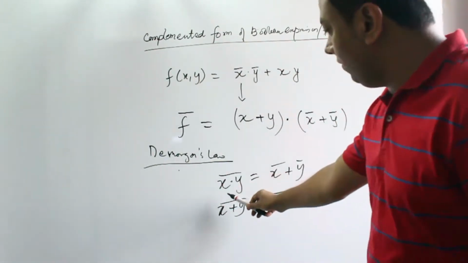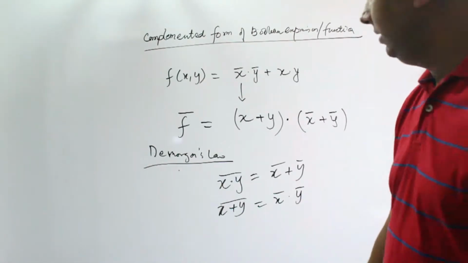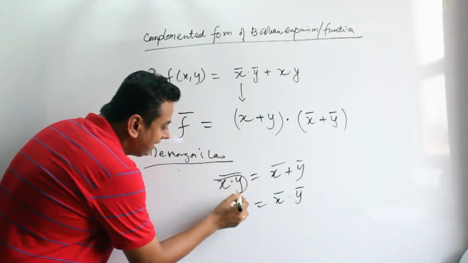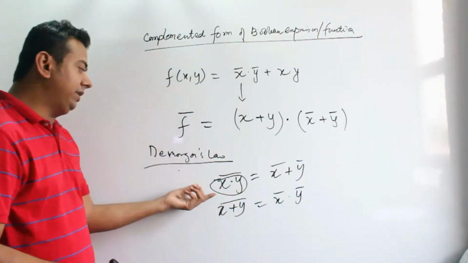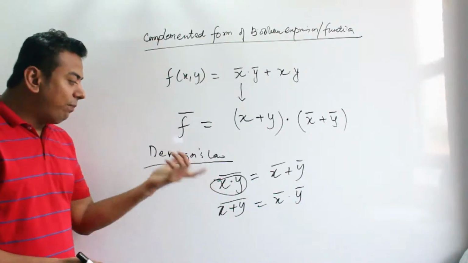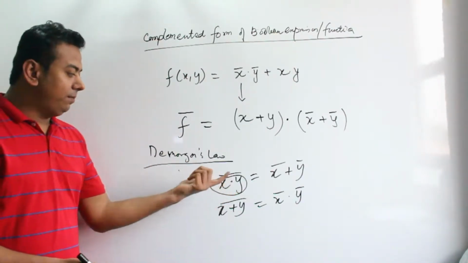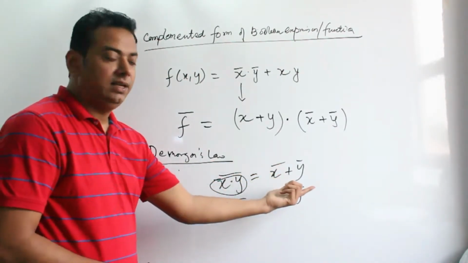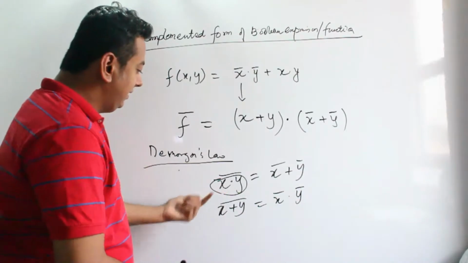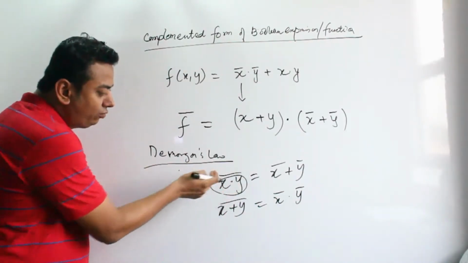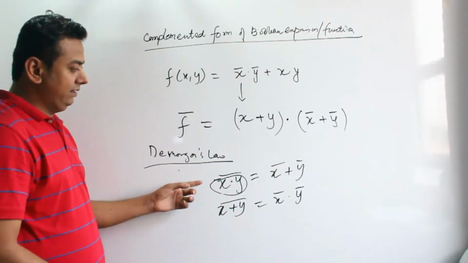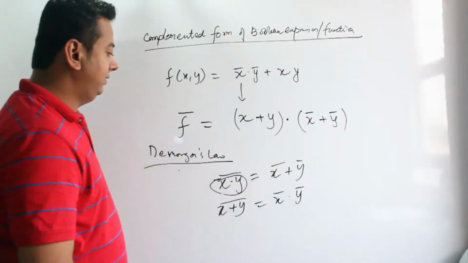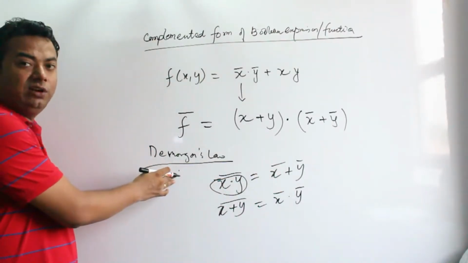How? Instead of x, you put x bar. So we want to compute DeMorgan's law for xy. We want to compute the complemented form of xy. So the complemented form of xy is this one. And the function which I am trying to complement is equal to this one, right? As per DeMorgan's law.